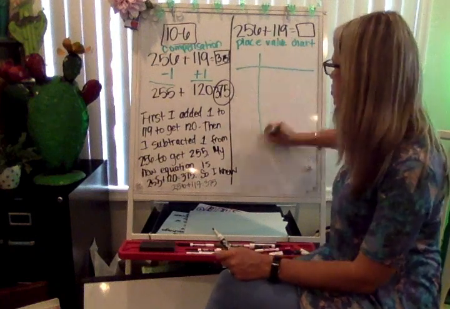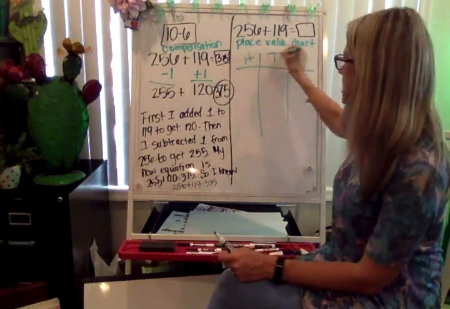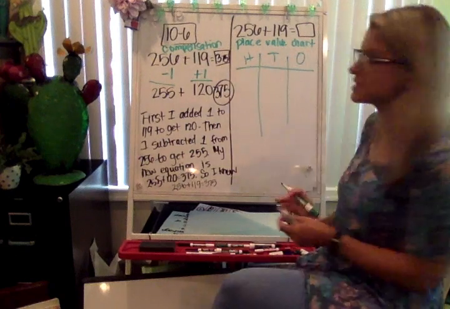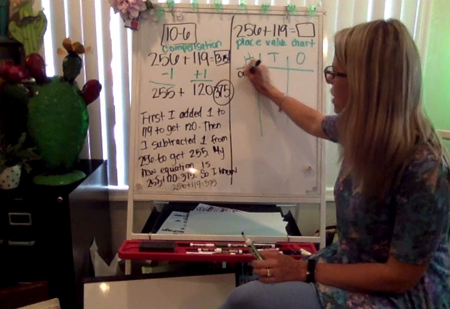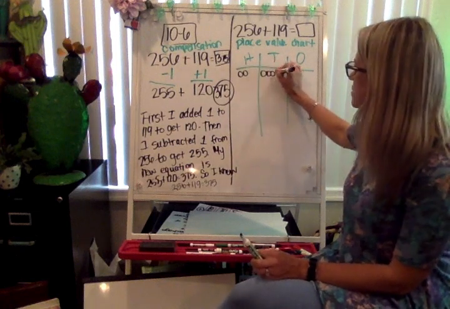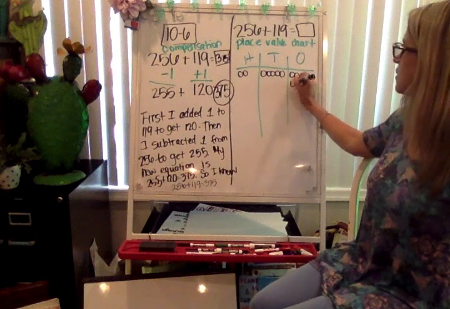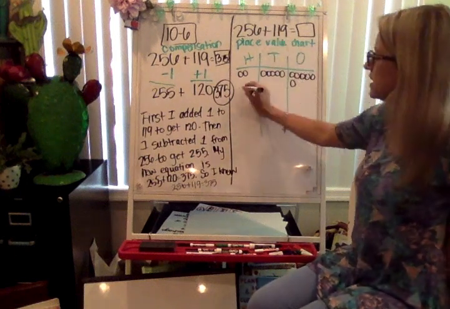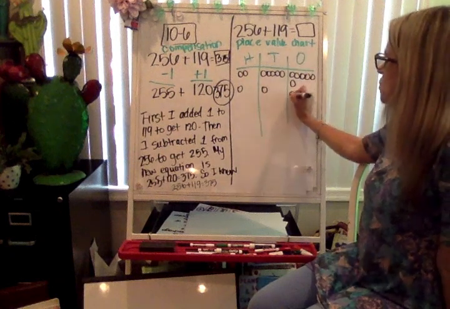For the place value chart, I have 3 digits, so I have to do the hundreds, the tens, and the ones on my place value chart. 256 has 2 hundreds, 5 tens, and 6 in my ones. 119 has 1 in the hundreds, 1 in the tens, and 9 in the ones.